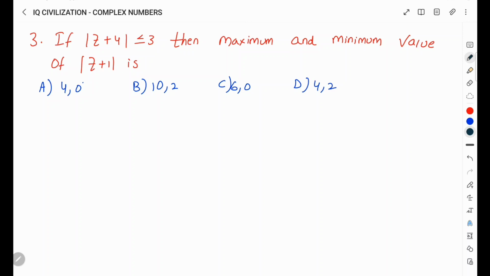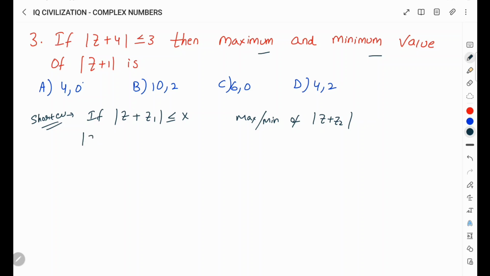See here, if mod z plus 4i is less than or equal to 3, then find the maximum and minimum value of this one. Here there is a shortcut trick. If mod of z plus z1 is less than or equal to x, then to find the max or min of mod z plus z2, we write mod z plus z2 in such a way that it is mod of z plus z1 plus or minus z3.